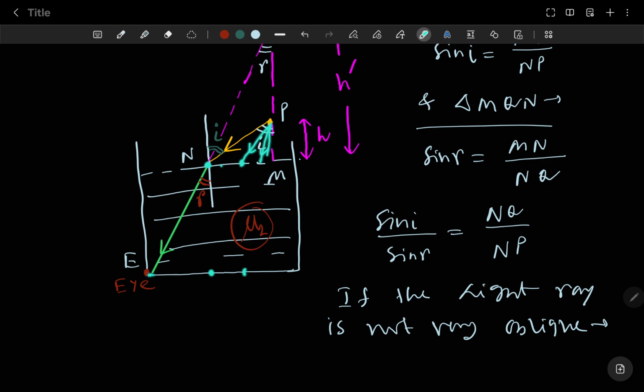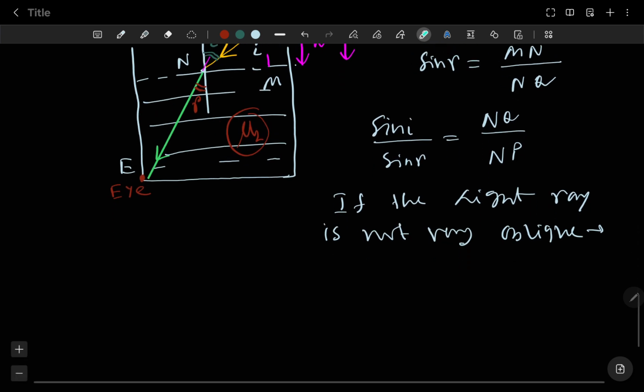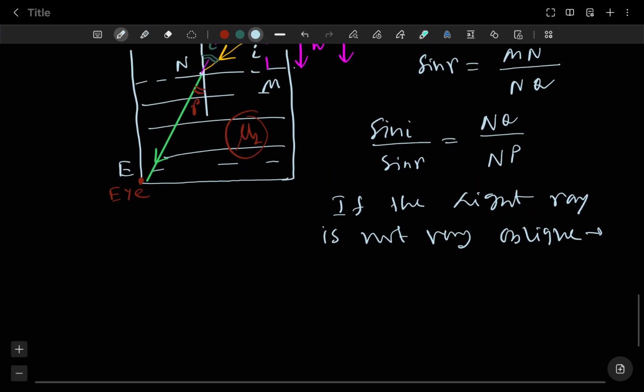It will come almost straight below towards the eye. Clear? Then point N will approach point M, and finally point N and M will coincide. We will try to see the object by placing our eye directly below it. Okay, this is common, right? So point N is very near to point M, so N can be replaced by M.